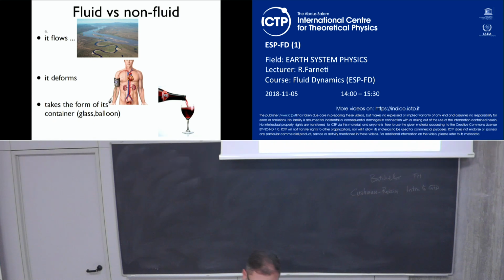Sometimes the distinction is not so clear. The basic intuitive definition of fluid is that they flow, easy, but we'll see what it means in terms of equations that the fluid flows. Fluid deforms depending on the environment, a river, an ocean, an atmosphere, lava in the interior of the Earth, and it takes the form of the container, of course.